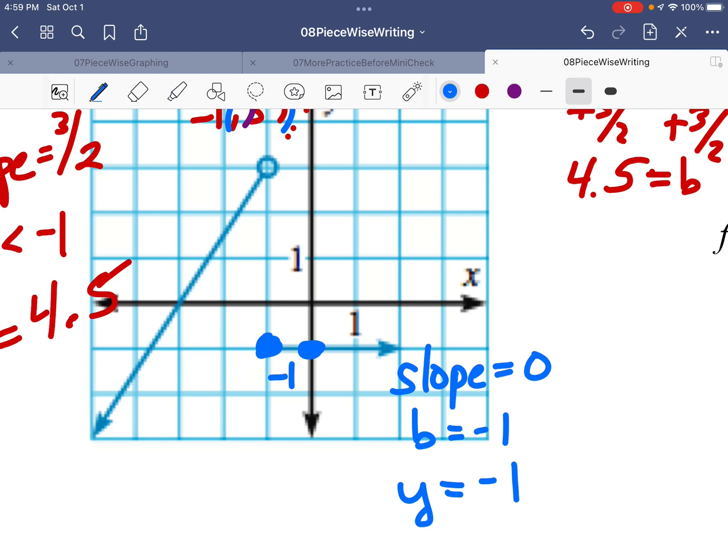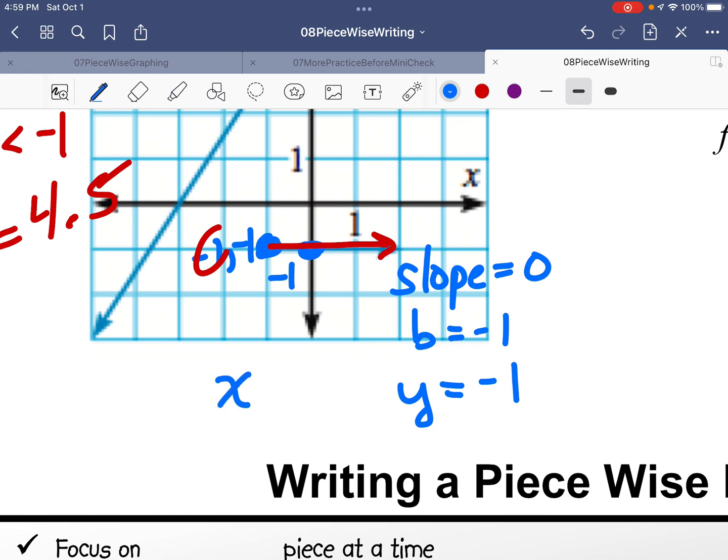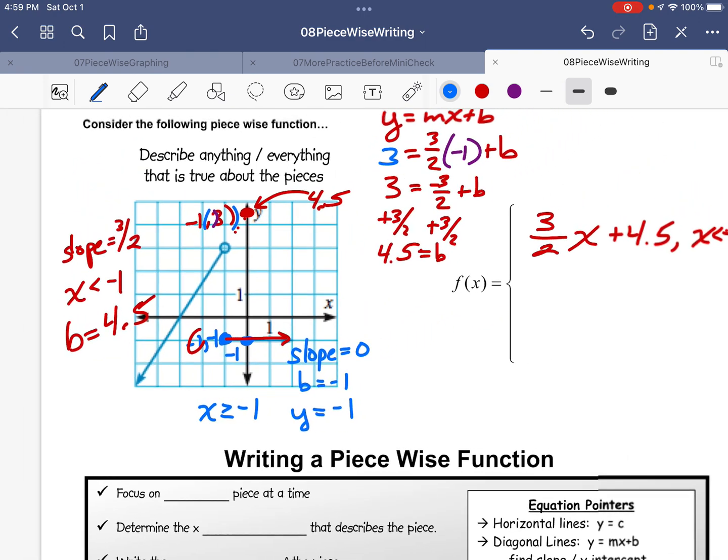Now this point right here is pretty important. It's the point -1, -1. But it's the x value that we're really concerned about because the graph goes to the right of that x value. And how do we say going to the right? That's correct. Greater than that x value.